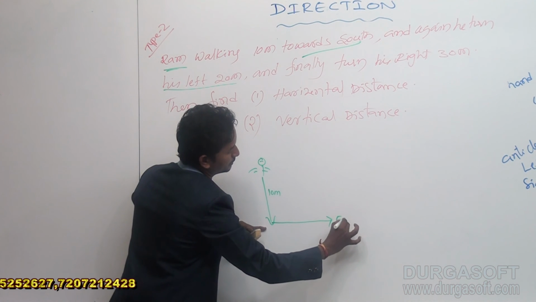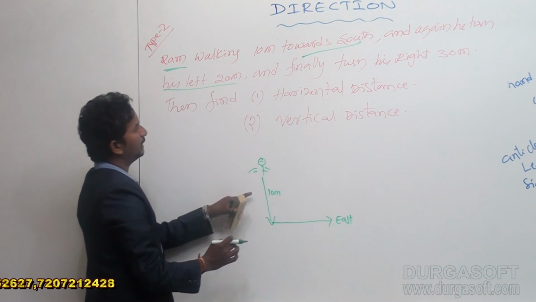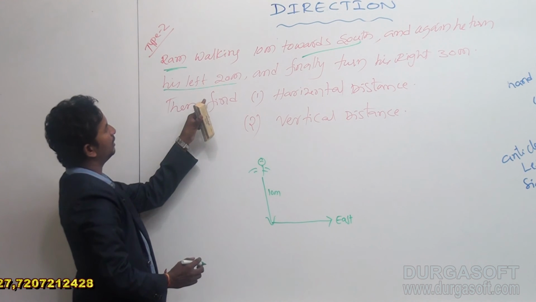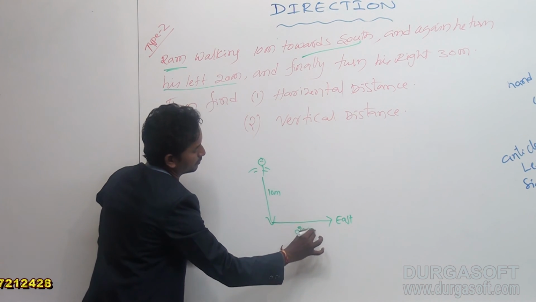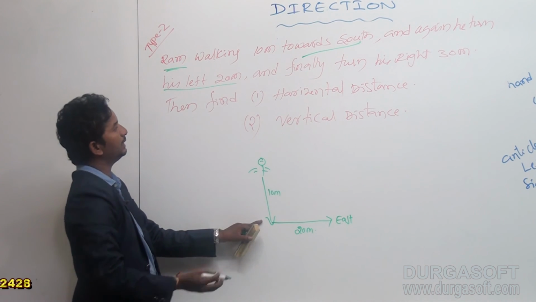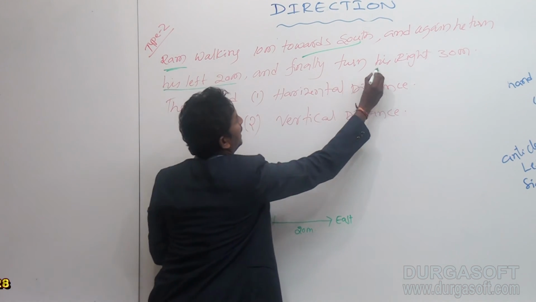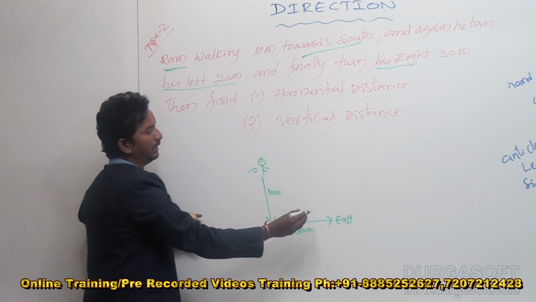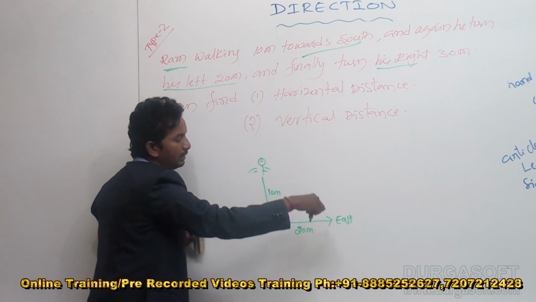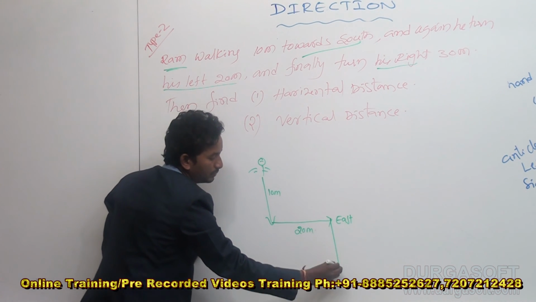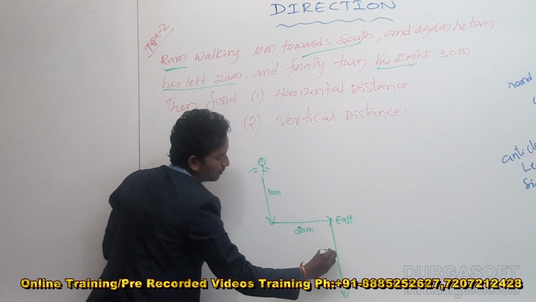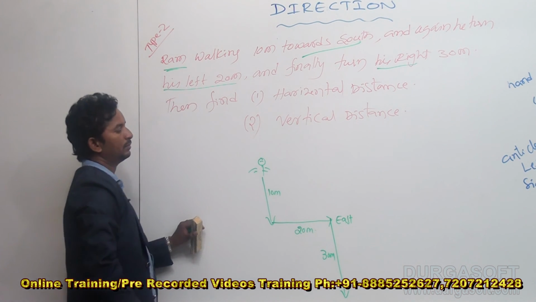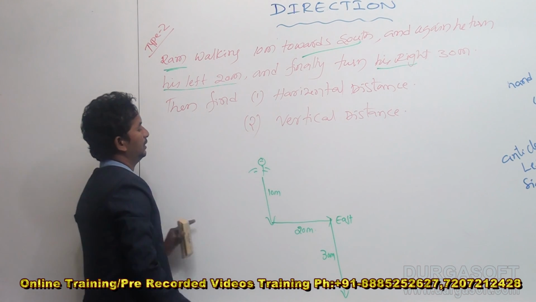This is the east. Here 10 meters, here he turned left 20 meters. Now again he turned his right, nothing but east, right, in the south. How many meters? 30 meters.